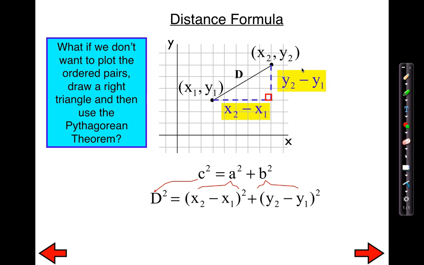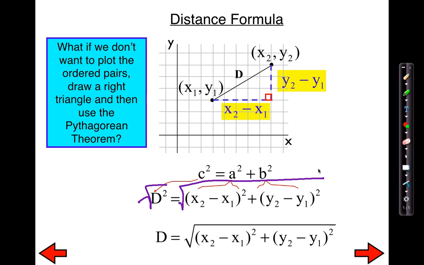So we're almost done, but remember we only want to figure out the length of d by itself, not d squared. So what I'm going to have to do is take the square root of both sides, like so, which is going to leave me with d equals the square root of the change in x's squared plus the change in y's squared.